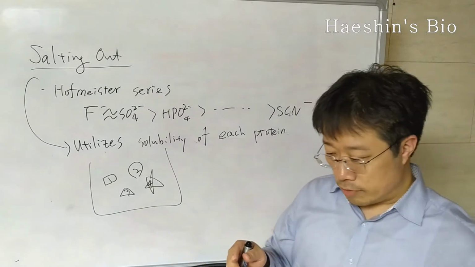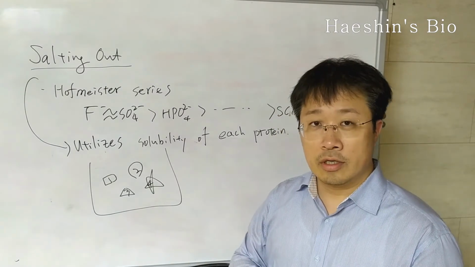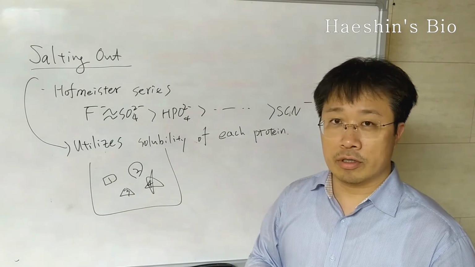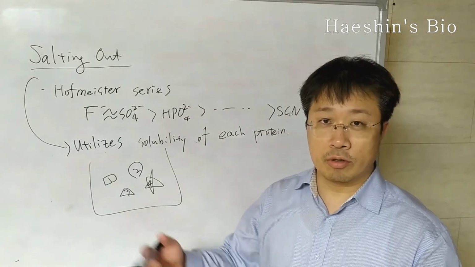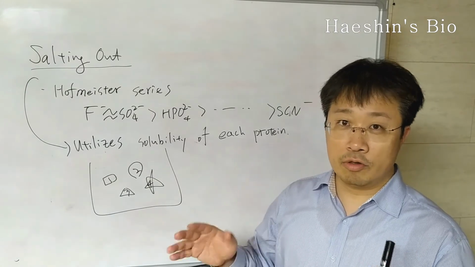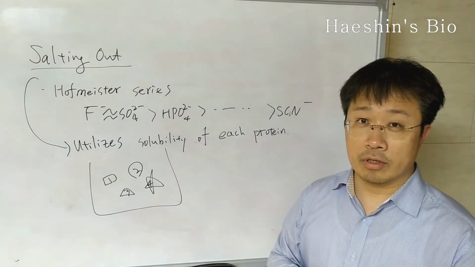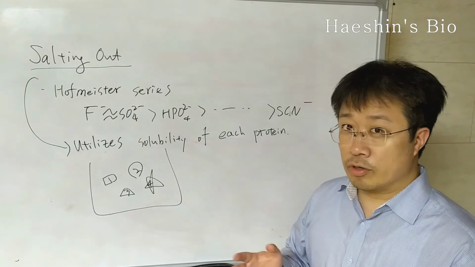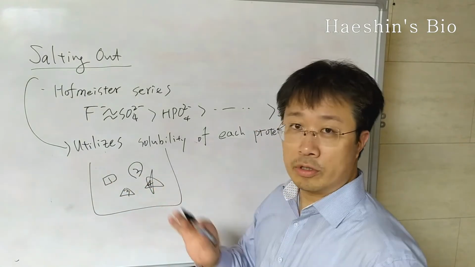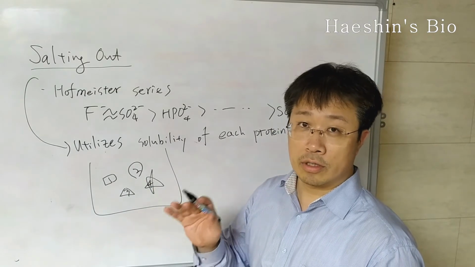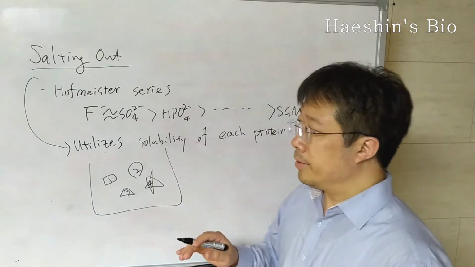You can imagine even small molecules such as chemical drugs, antibiotics, and sugars like glucose and sucrose. The solubilities are a lot different between the molecules, right? So you utilize this system. The solubilities of proteins 1, 2, 3, 4 are all different, similar to molecules.